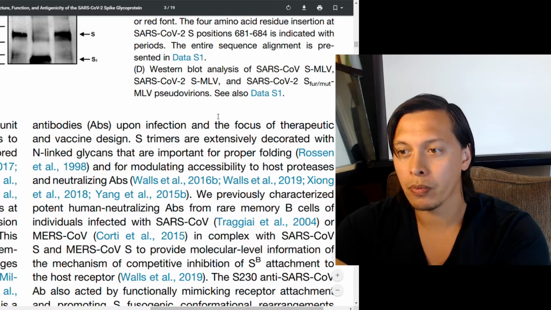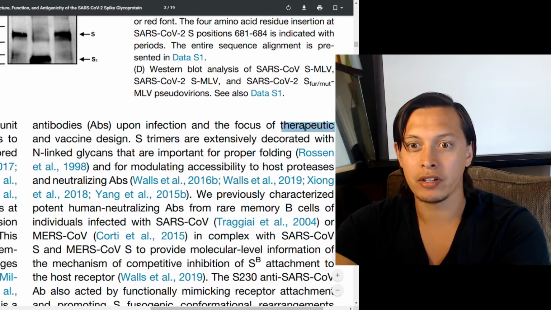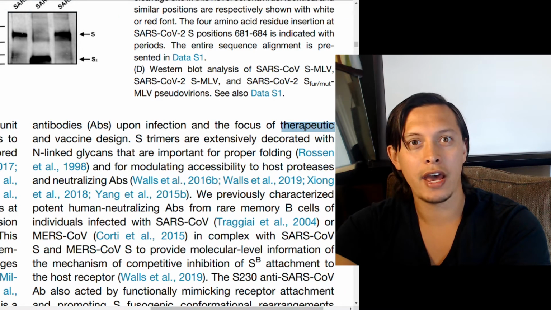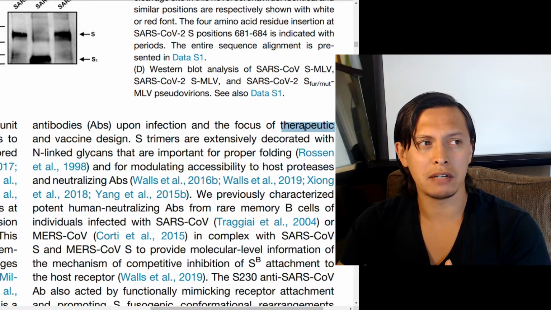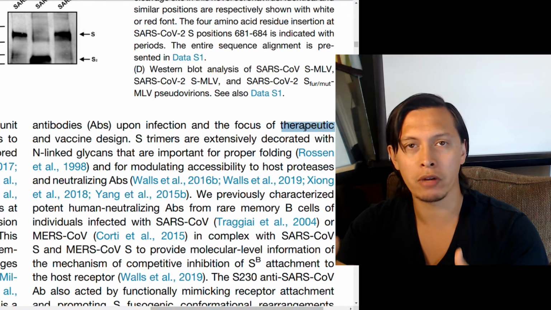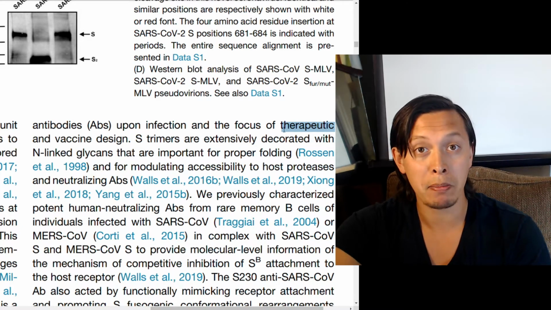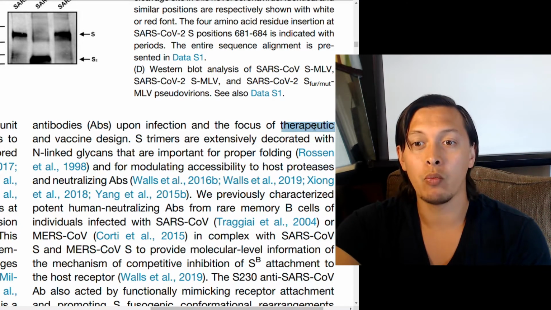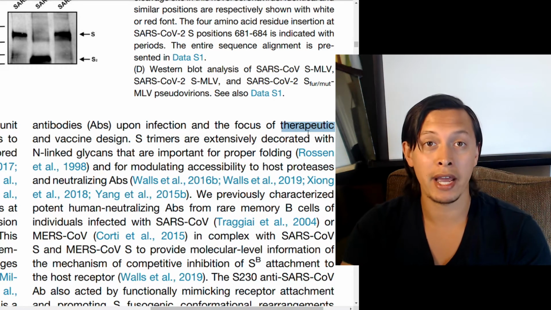So when we are developing therapeutics and pharmaceuticals that can help people avoid getting more and more sick, a lot of times, especially when the virus is in its replicating phase, we employ therapeutics that interact with this spike glycoprotein.